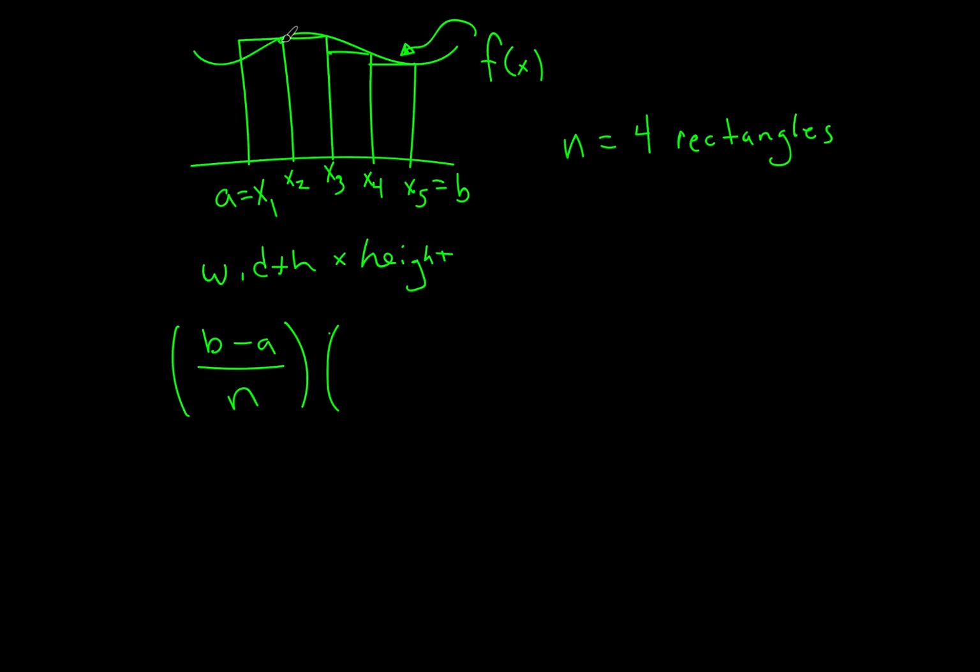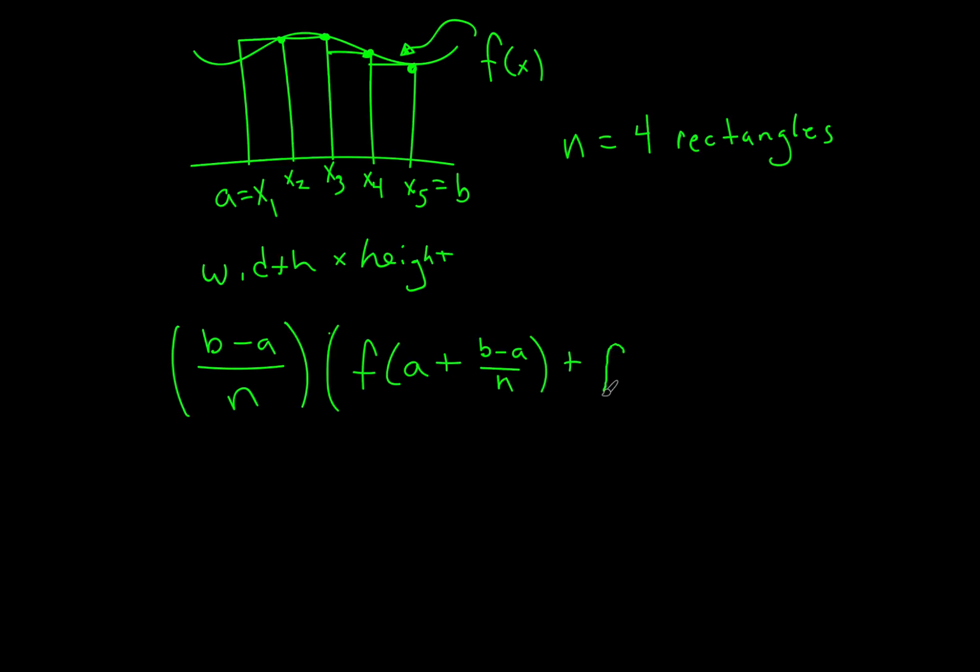If I want to come up with an expression that tells me where each of these is, well, the first one is at x2. If we think about where x2 is, it's going to be one width away from the left endpoint. So we're going to evaluate this function f at 1 width, or 1 times b minus a over n.